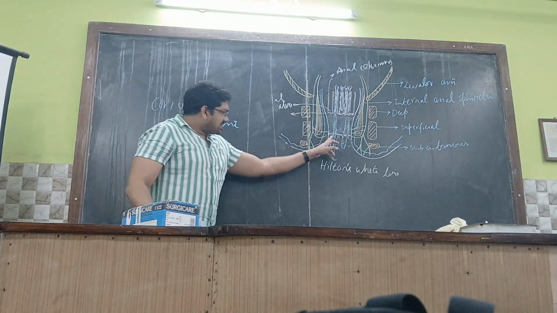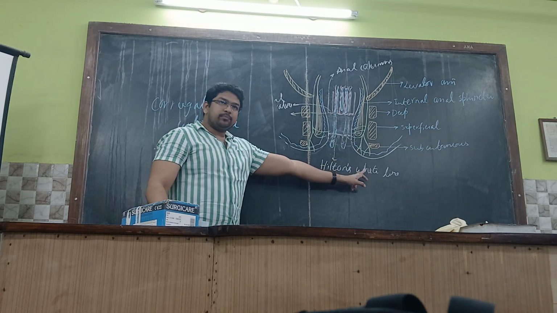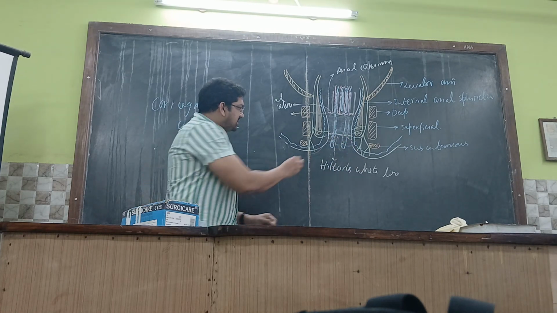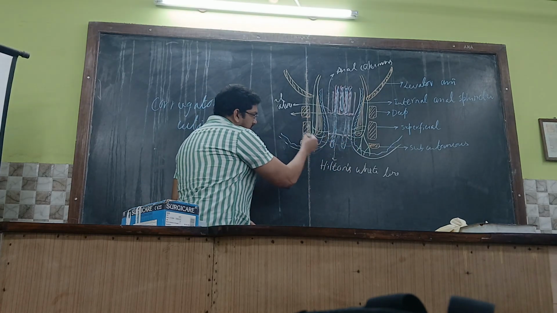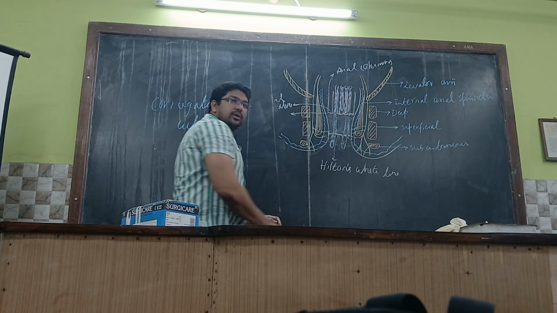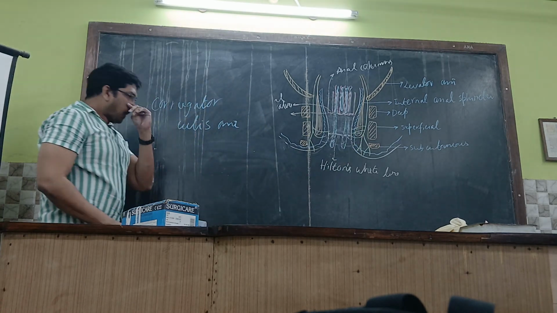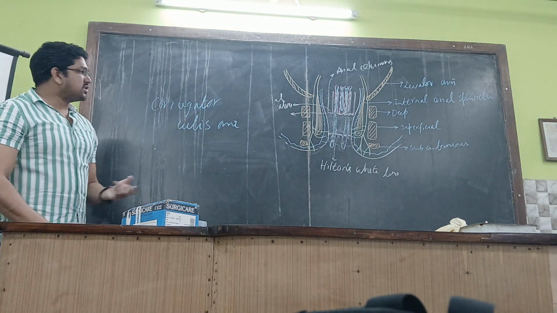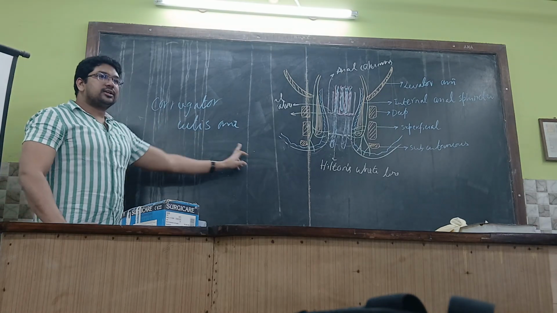At the buttock region, beyond the anal orifice, the skin is folded into multiple folds toward the inner aspect. Those folds of the perianal region are termed the corrugator cutis ani.